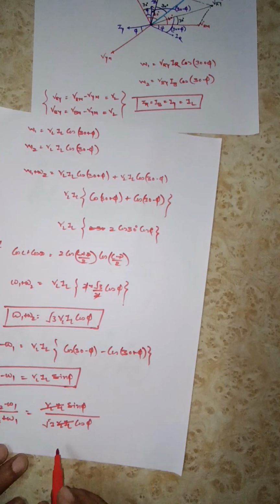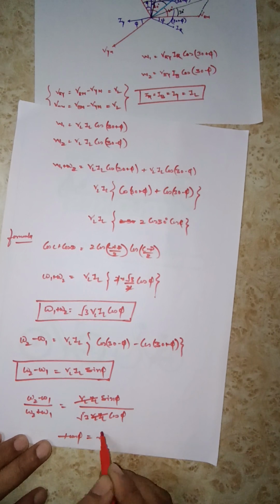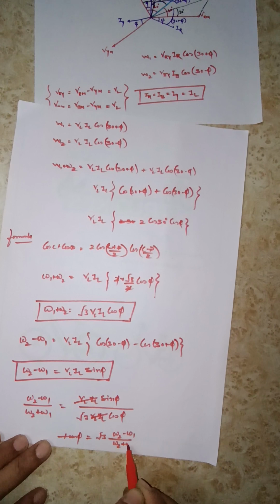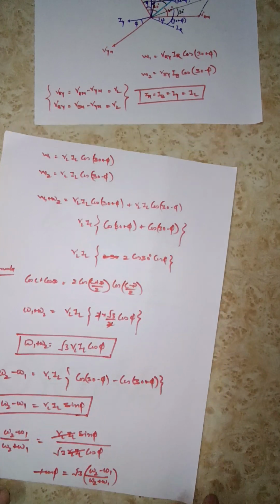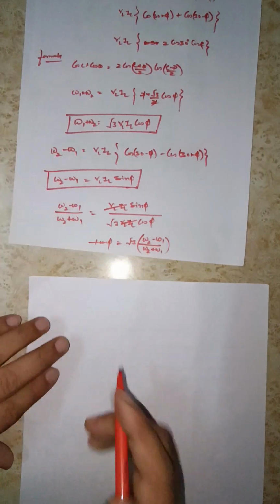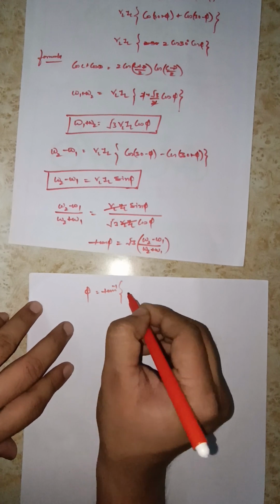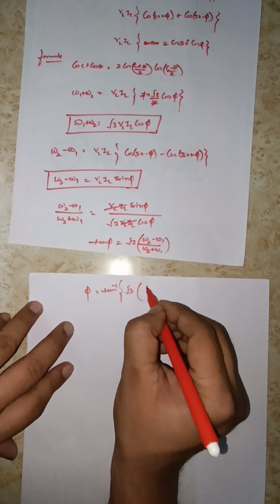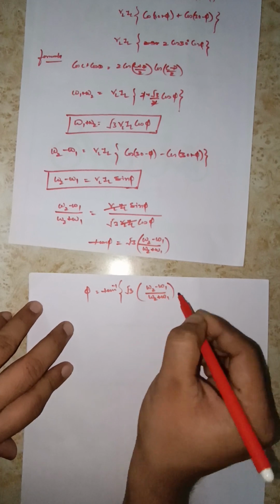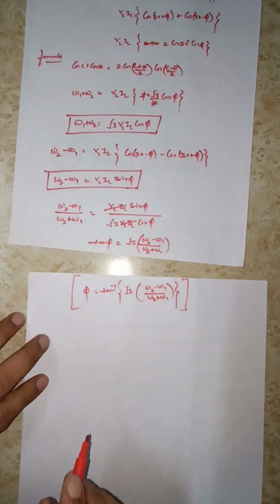So what I will get is tan phi equal to root 3 times W2 minus W1 upon W2 plus W1. So what will be the value of phi? Phi will be equal to tan inverse of root 3 times W2 minus W1 upon W2 plus W1. So this will be the expression for the phase angle.